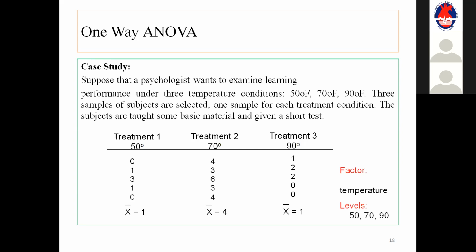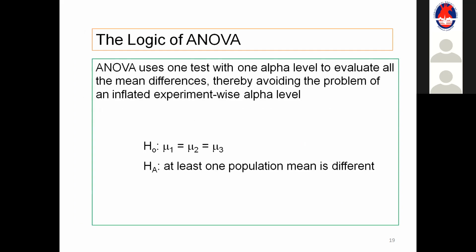So here the factor is temperature, which has 3 different levels: 50 degrees, 70 degrees, and 90 degrees. Our null hypothesis is that all the population means are the same, which is represented by mu1 equal to mu2 equal to mu3.